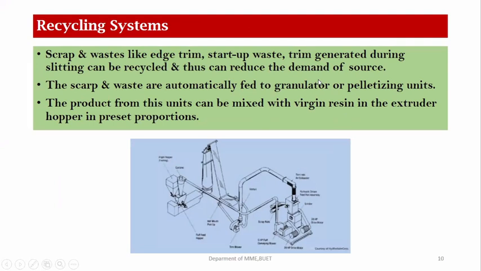These parts can all be recycled, and thus we can reduce the requirement of the source material. So this scrap and waste are automatically fed into the granulator or pelletizing unit. Then it can be fed to the extruder with preset proportions with virgin resin. So we can recycle our waste in this extrusion process.